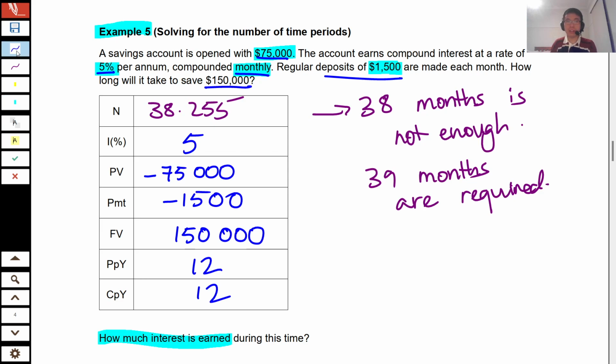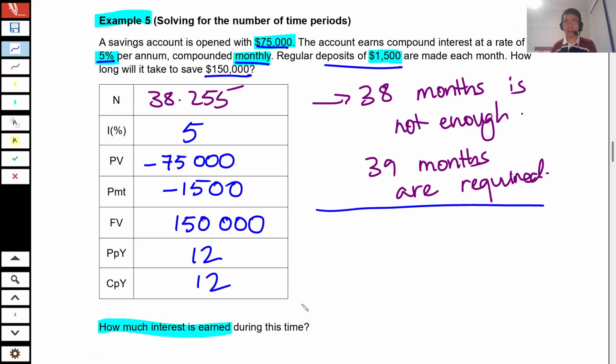What we found was if we waited 39 months, we could save up at least $150,000. The question I want to focus your attention on is how much of that money earned during those 39 months is due to interest rather than the regular deposits.